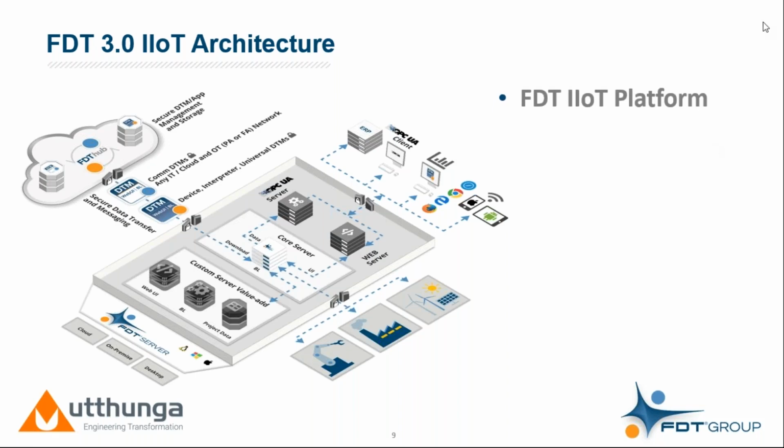So we designed this so that we've got this organized as an FDT Industrial Internet of Things platform so that it can support all the new initiatives that are coming along in that area. It's a single server environment, so you do not need to deploy this across multiple desktops. You can have a single server take care of a facility or an entire enterprise.